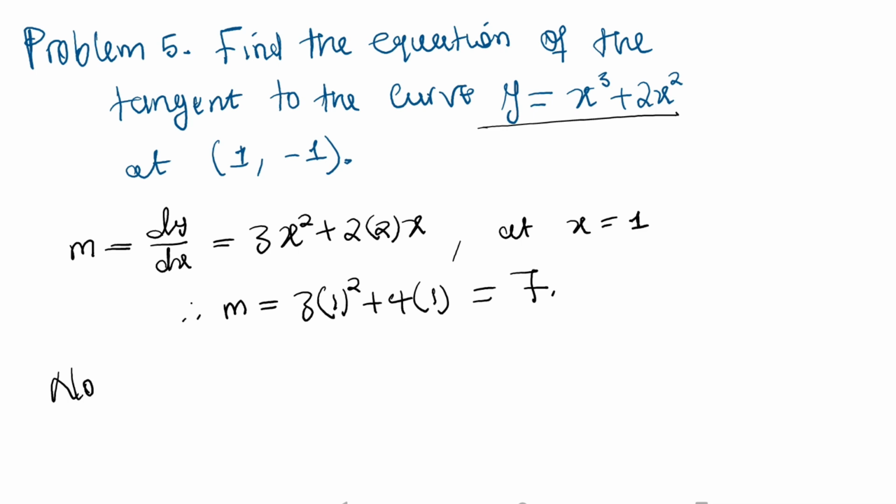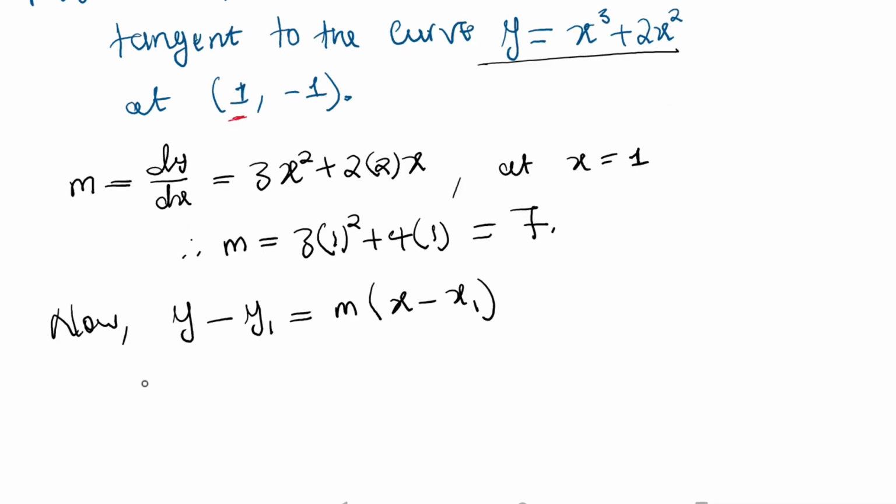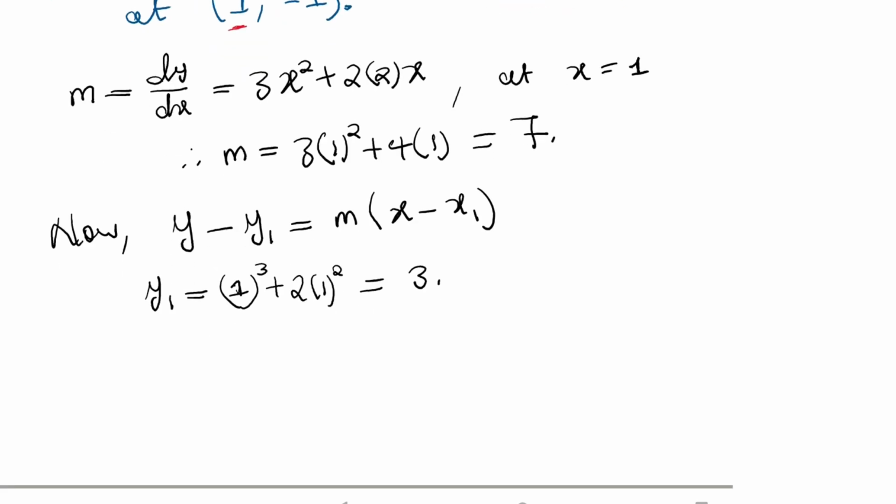Now, we know that the tangent line is a straight line, which is given by y minus y1 is equal to m multiplied by x minus x1. So y1 will be equal to 1 to the power 3 plus 2 into 1, which is just 3. Okay.